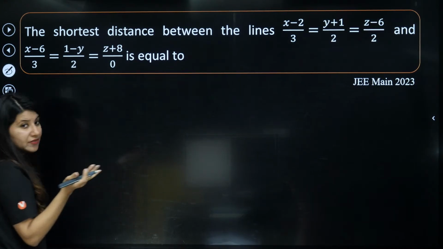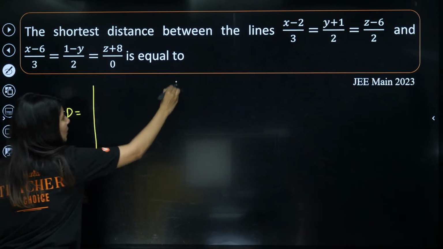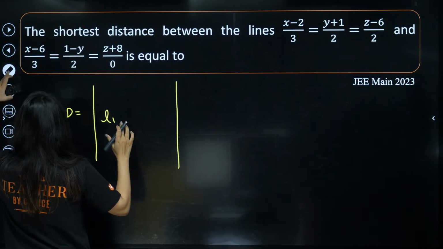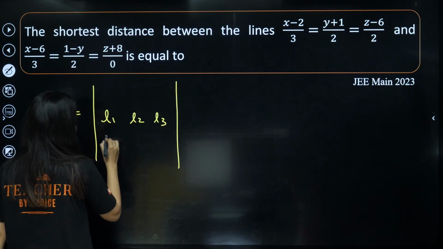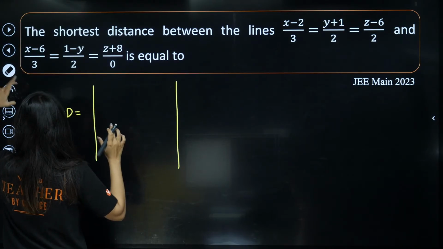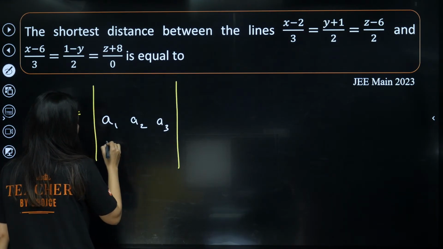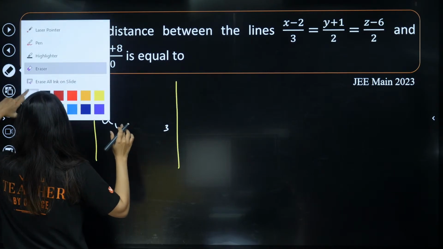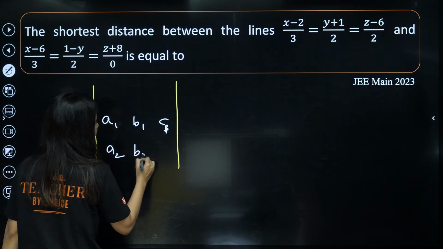So how to do that? We have a formula for that. Shortest distance between two lines will be what? I'll tell you. I have a formula for you. So let's just write it as A1, B1, C1, A2, B2, C2.